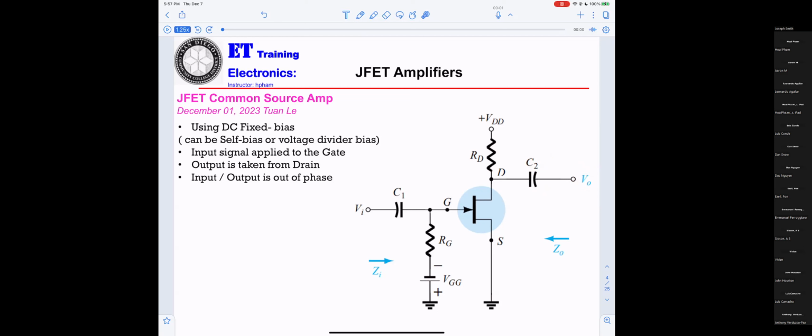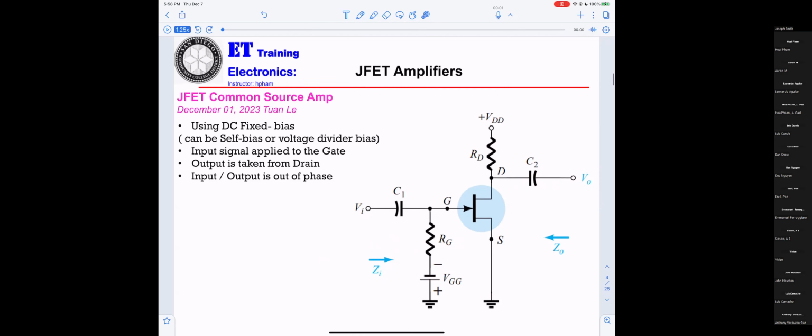Now, we're talking about input impedance. This is your input here, apply signal here. That means from here you're looking into the amplifier. Whatever resistance you get, that's what they call an input impedance. And this is the output here. You're looking into the amplifier, that's what they call an output impedance.